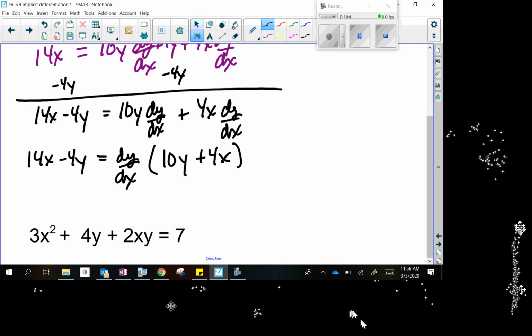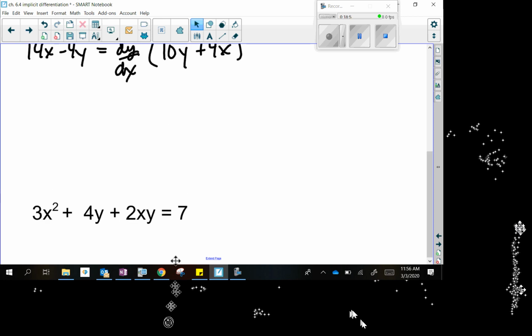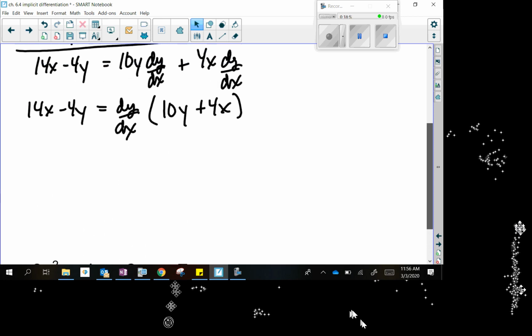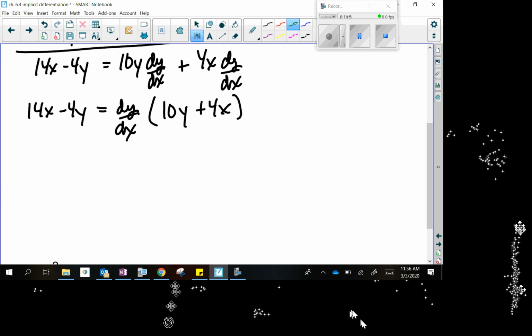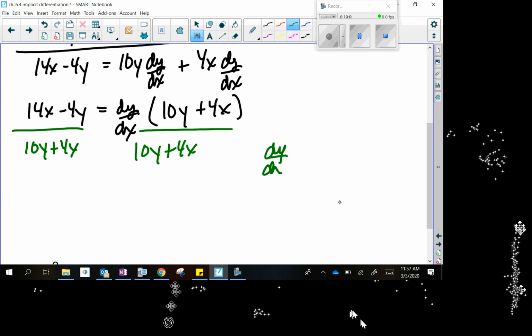Now to get it completely by itself, I divide, right? So my final answer, well, not my final, but dy dx equals 14x minus 4y over 10y plus 4x. I'm going to write it in order: 4x plus 10y.